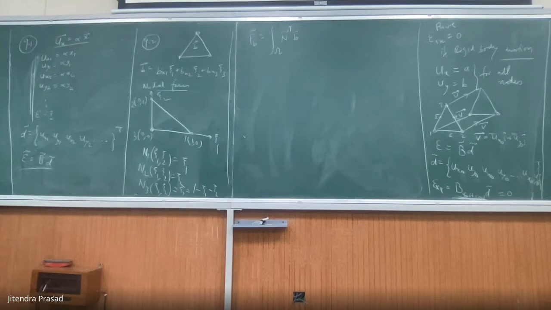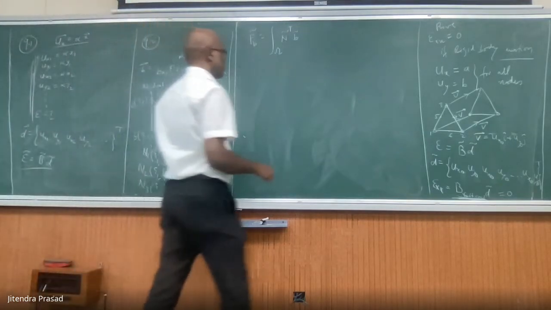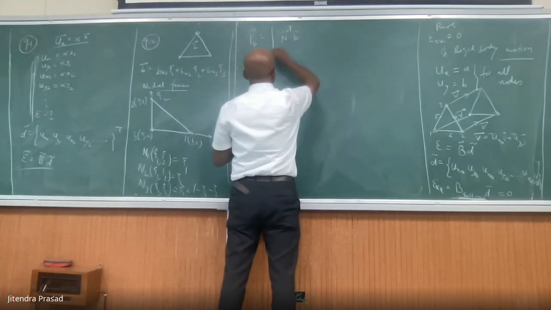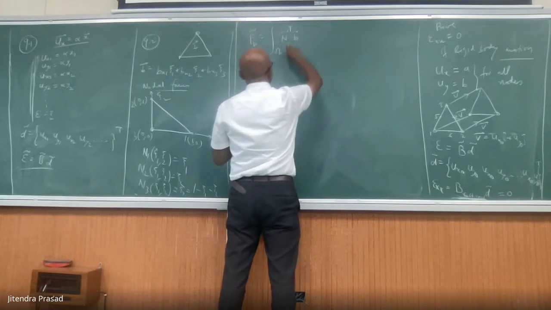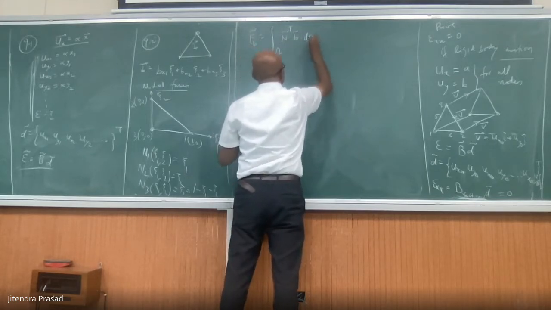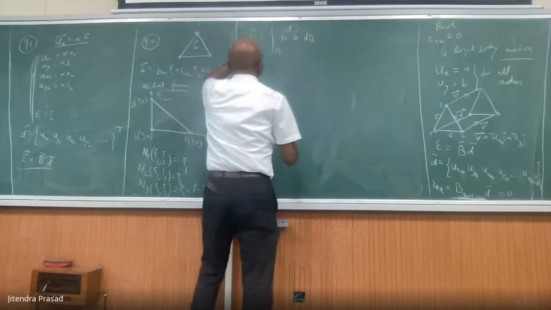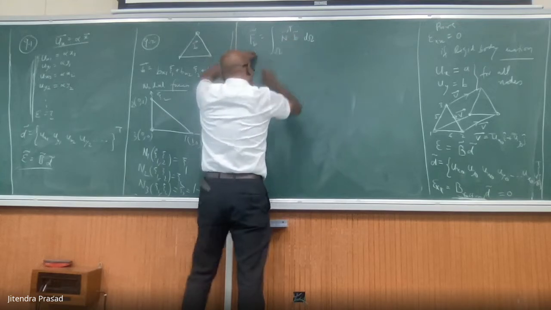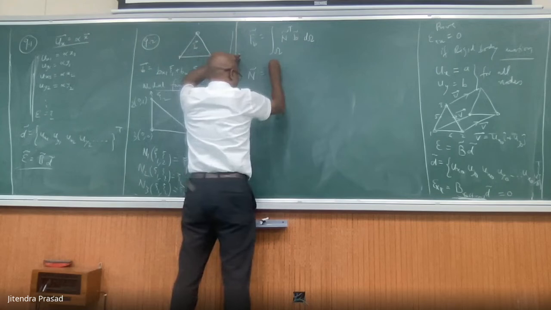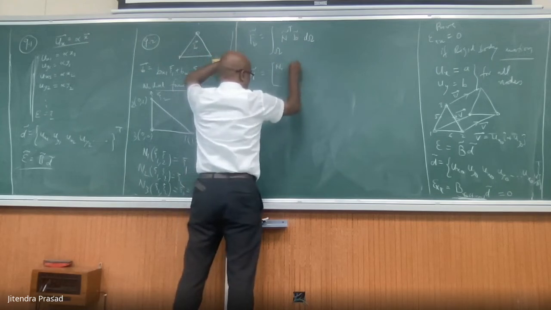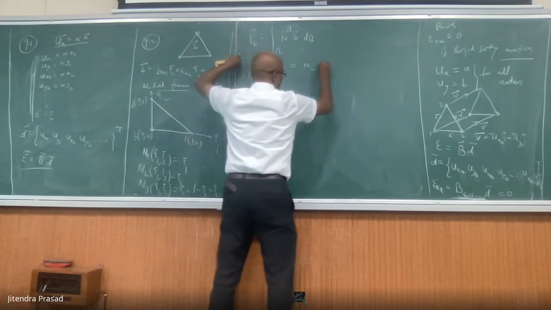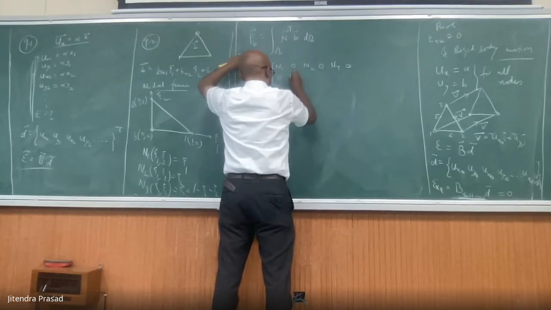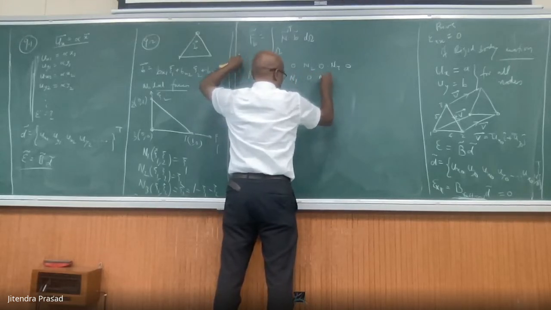So N is, remember how you write it: N1 0, N2 0, and N3 0, then you have 0 N1, 0 N2, 0 N3.